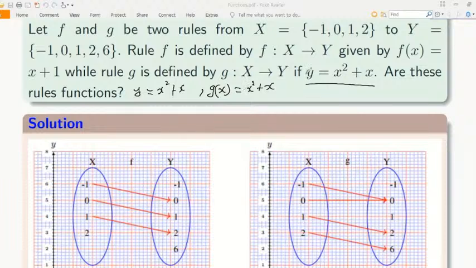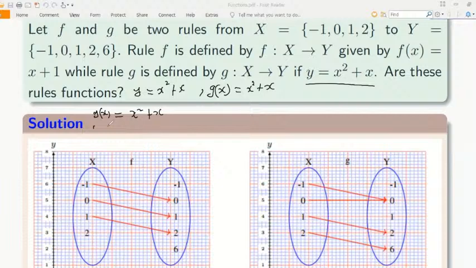Now let's look at how the elements will be assigned. We have the objects in X and we have the images. We want to see whether each of these is assigned an element in Y. G of X, by definition, is x squared plus x.